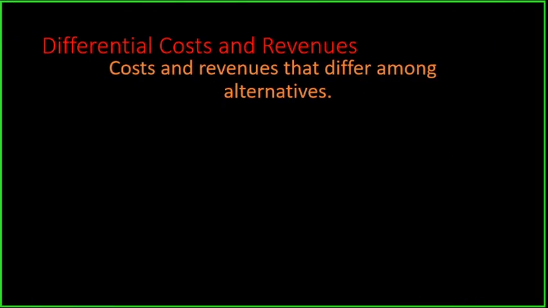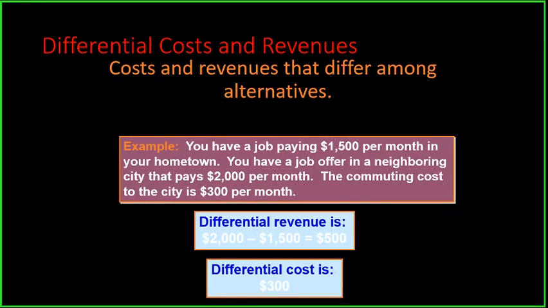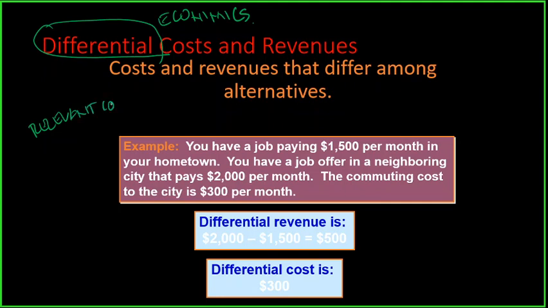Okay, let's continue. Differential costs and revenues: costs and revenues that differ among alternatives. Most of the time, this is the basis for decision making. We use the term differential in economics, mostly. For management science, we use the term relevant cost. Differential costs are always relevant costs.